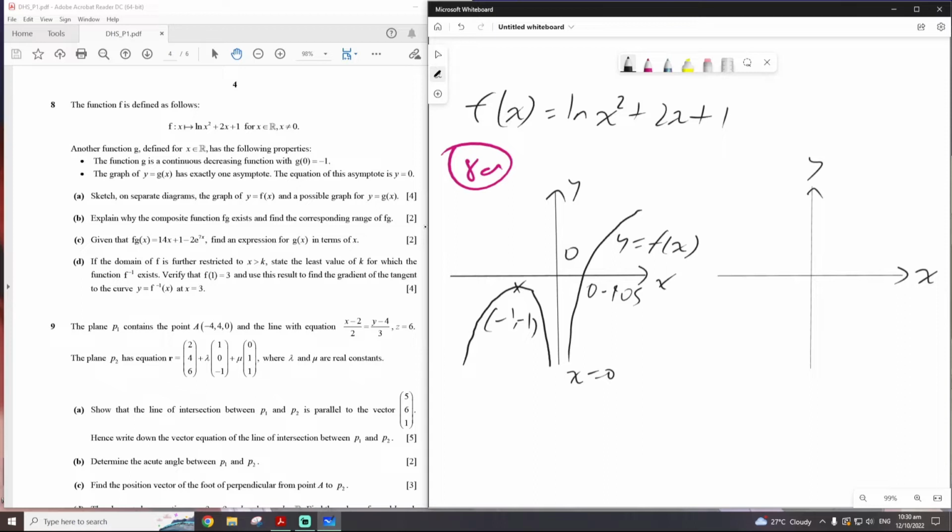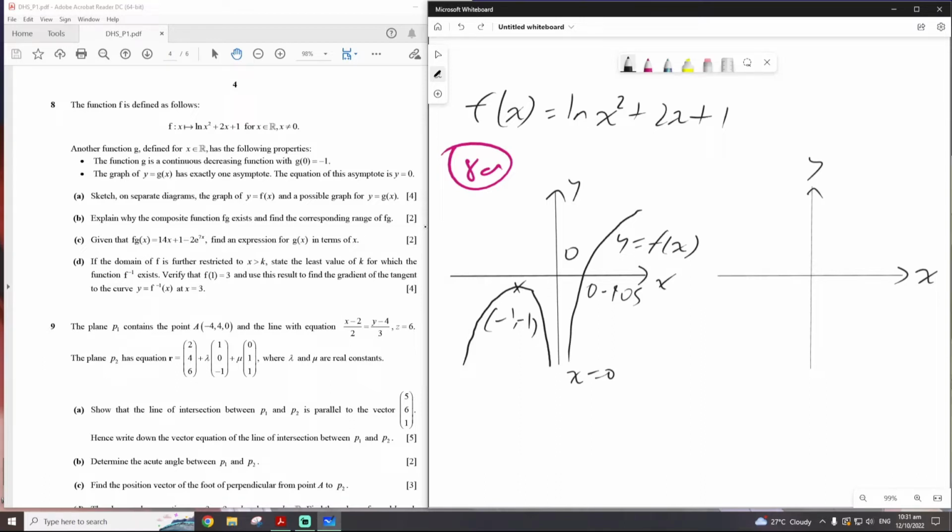So this line here is y equals 0, the x-axis. If it is a decreasing function and g of 0 is -1, that means it must be increasing before that, right? It must be increasing when we head to the left side.